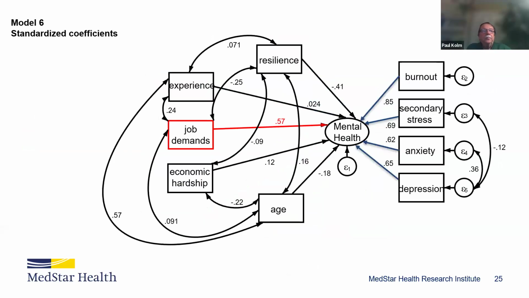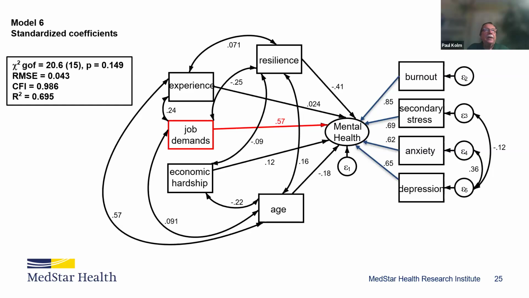And then one more that we'll do here, where we'll basically take out the covariates of race and the school setting. And now we get even better fit in terms of the chi-square goodness of fit, our mean square error, the fit index.